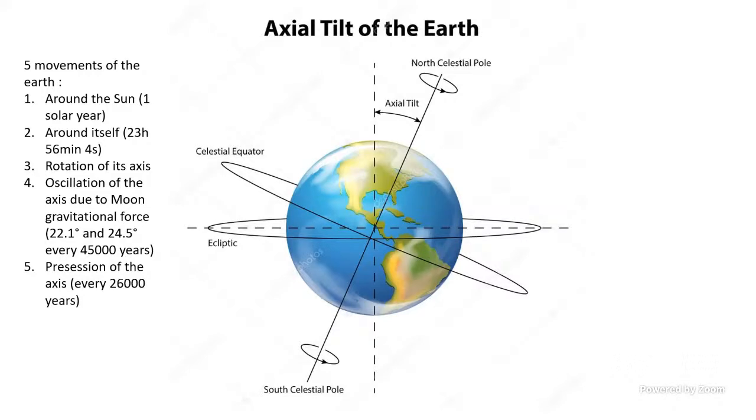But in our conference on deep space imagery, we are only going to discuss the movement around the sun and the movement around itself, because the other movements take thousands of years and basically don't alter any calculation.